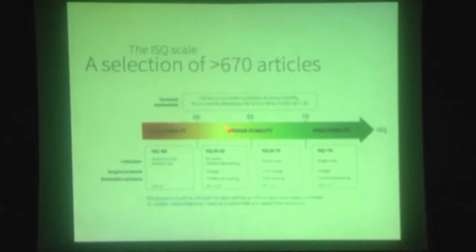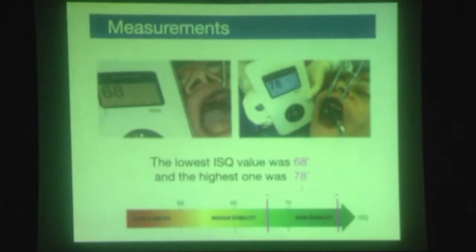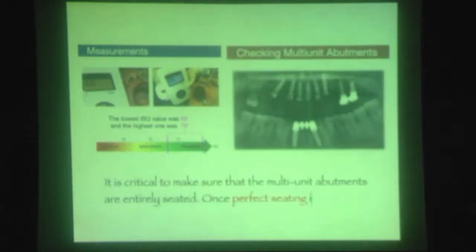If we see ISQ values between 65 and 70, that means that we can do immediate loading. So what did we do? We saw the lowest ISQ value after placing the implants was between 68 and 78. So that means it was quite good to go on and make an immediate prosthesis.